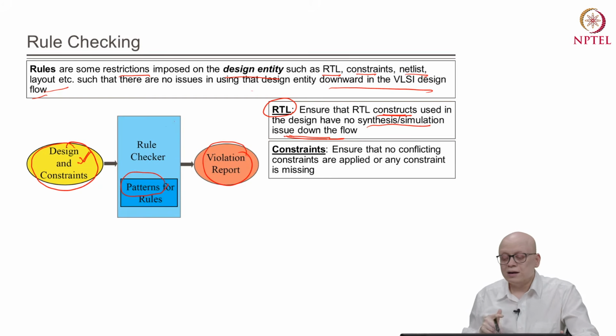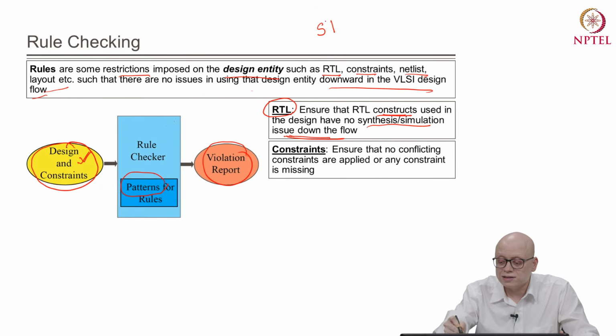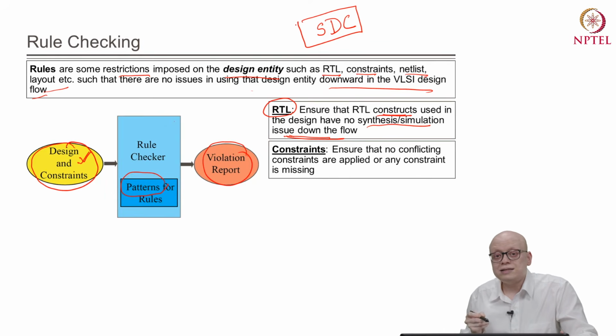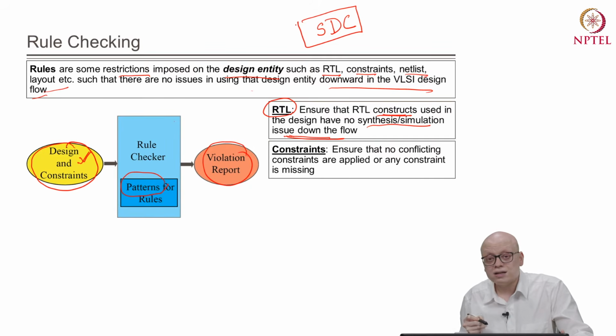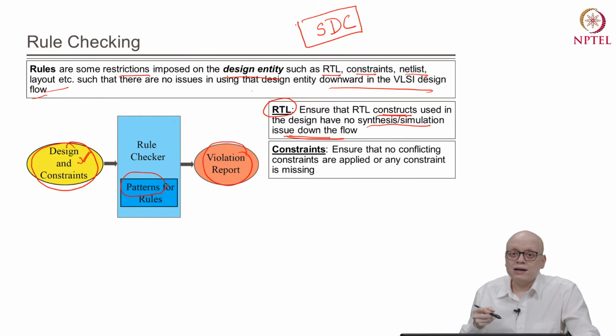Then there can be rule checking on the constraints, which we write in a format known as Synopsys design constraint, or SDC format. Now, these SDC files are typically manually written or at least edited.